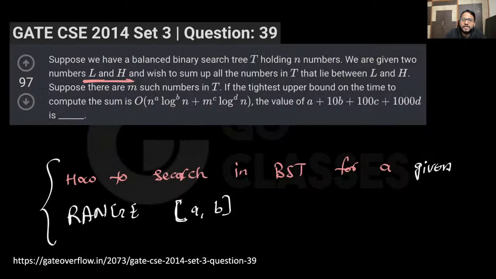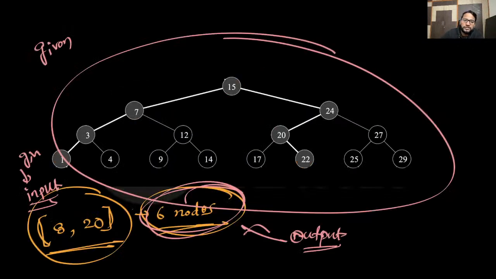So this question is saying that suppose we have a balanced binary search tree holding n numbers. We are given two numbers L and H, and we wish to sum up the numbers in T that lie between L and H. They don't want to print it or count it, they want to sum up. That's fine.